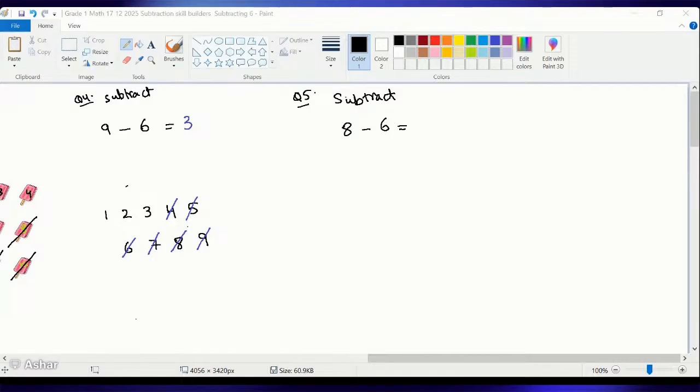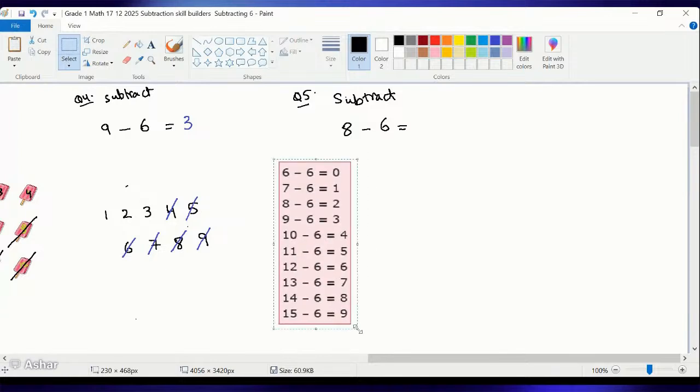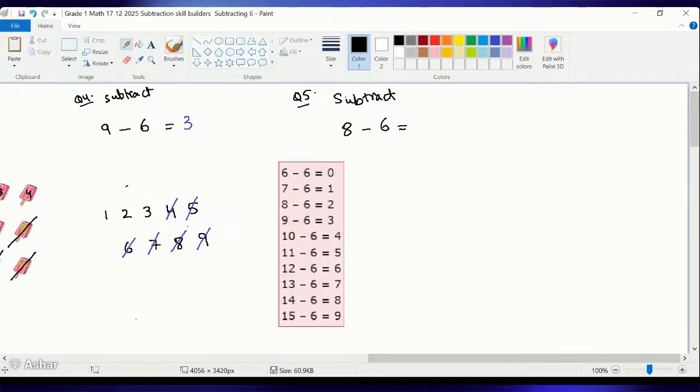We have two possibilities. Either we remember through the grid, 8 minus 6 is 2, right? Or we can count 8 objects, and from the 8 objects, we can remove 6 objects.